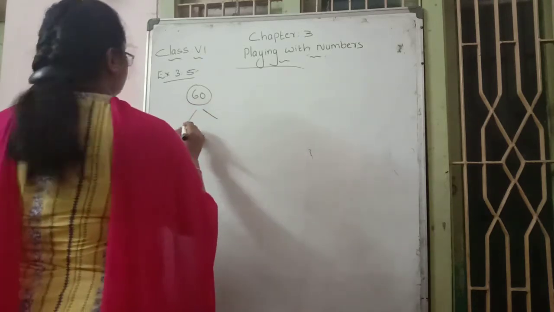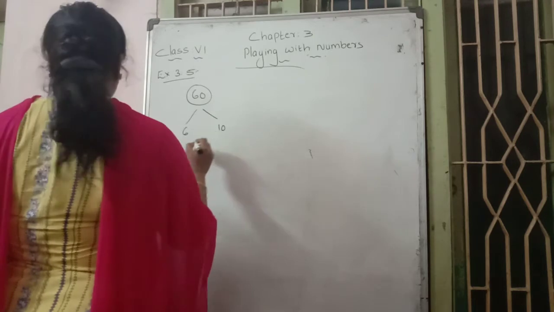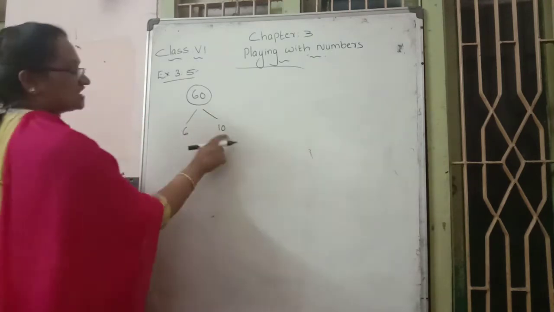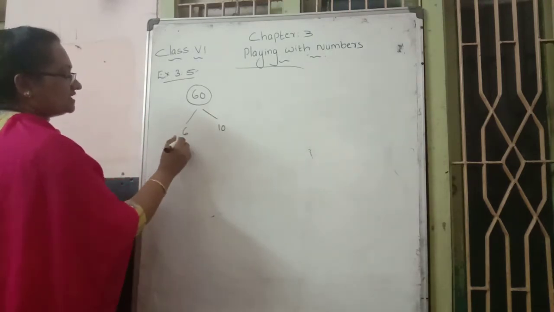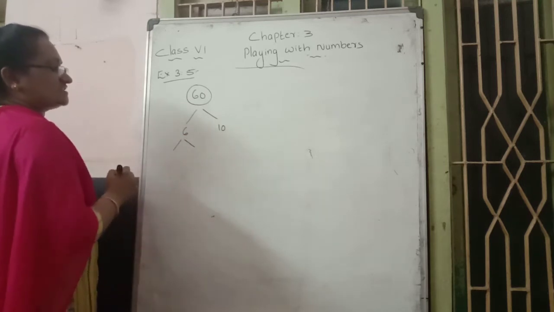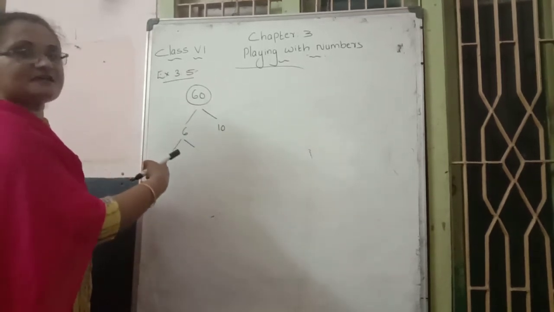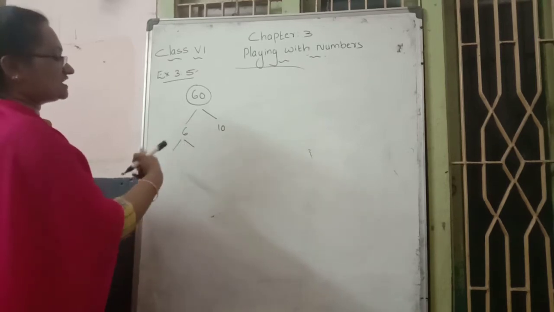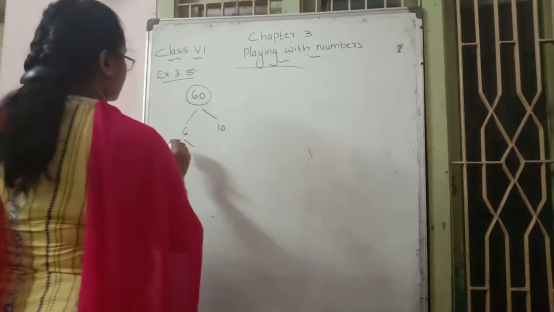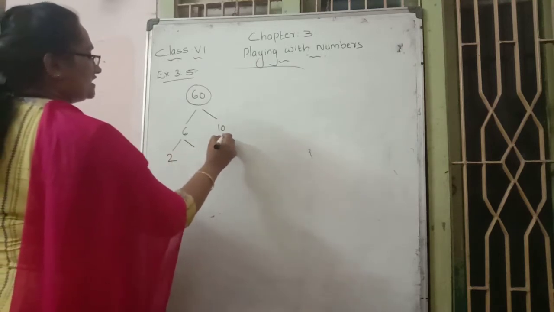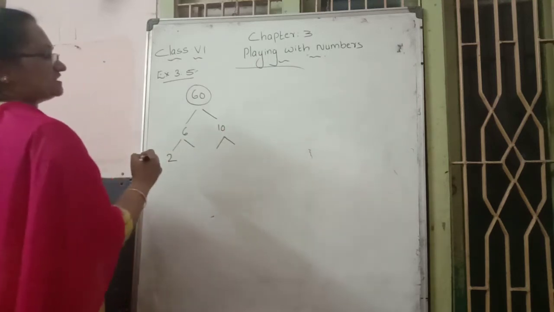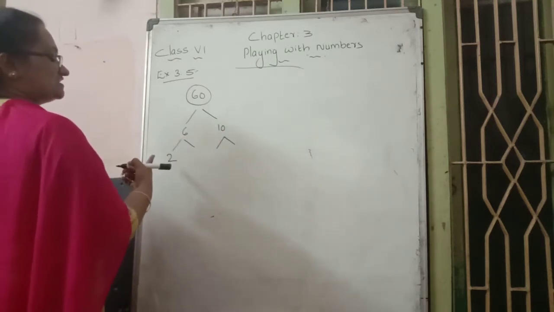Branches are there. Here 6 and 10. Again, 6 and 10 are composite numbers. That's why in the 6 they drew a branch. 6 is a composite number, so we can do that. Here one number is given, 2. Here also 10 is a composite number, so there also branches are there.